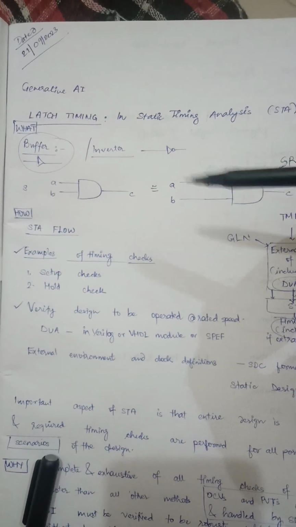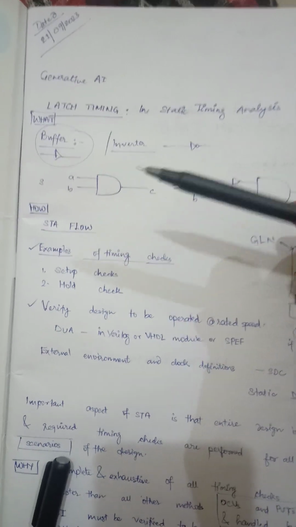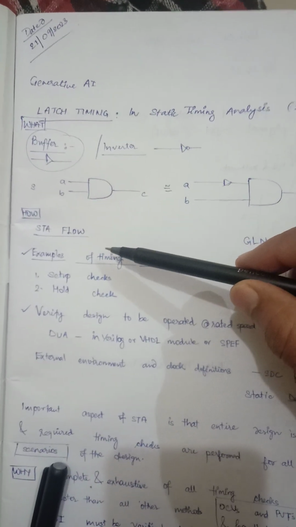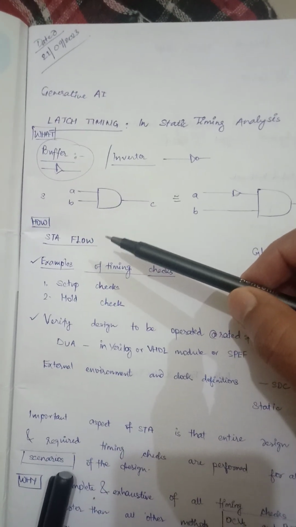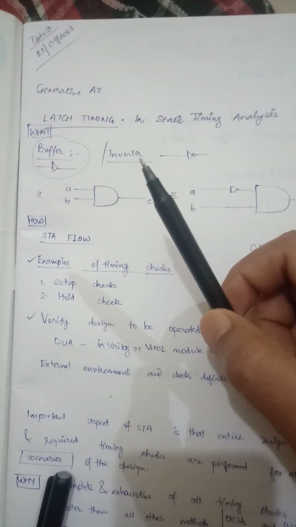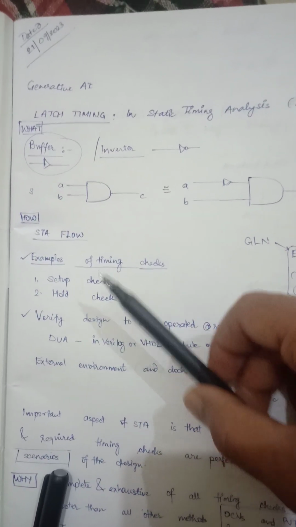Similarly, talking about the STA flow, we get the guarantee with an example that we are having some timing checks in timing analysis. Basically, in latch timing, we are working on setup checks and hold checks.